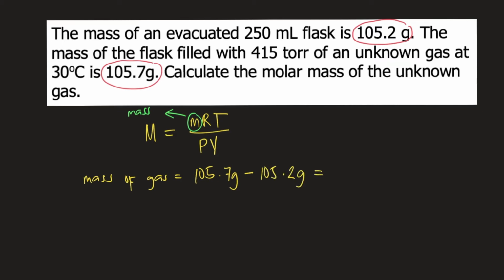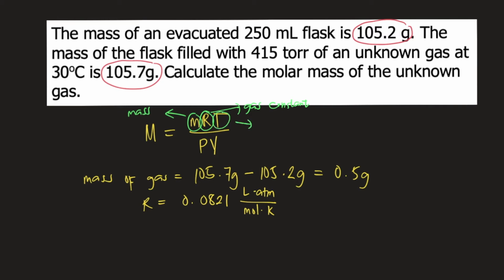And that is equal to 0.5 grams. So the mass of the gas is 0.5 grams. R is the gas constant. So we know that the value of R is 0.0821 liter atmosphere per mole Kelvin.